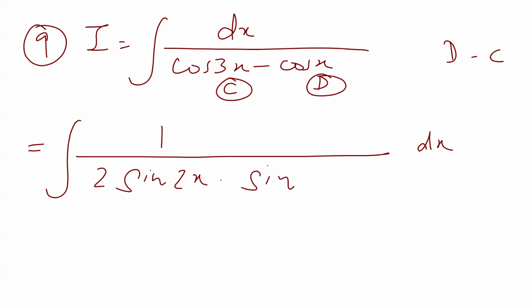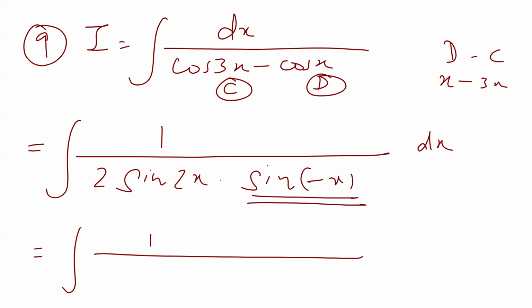so x minus 3x, which is minus 2x upon 2, which is minus x. Okay, and sine minus x is minus sine x. And at the same time, this sine 2x, I'll just write it as 2 sine x cos x, half angle.